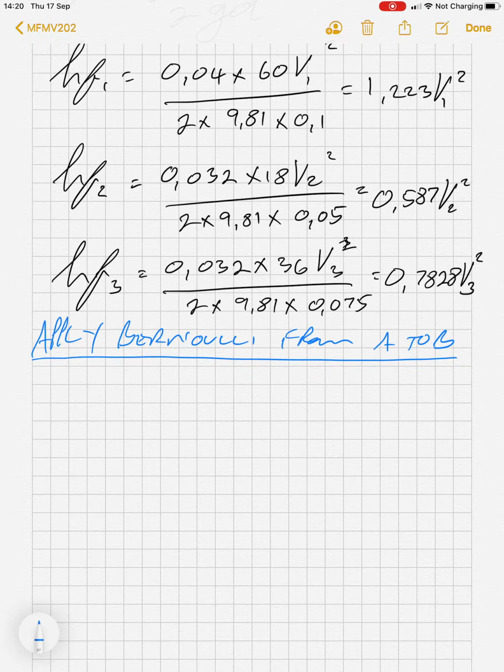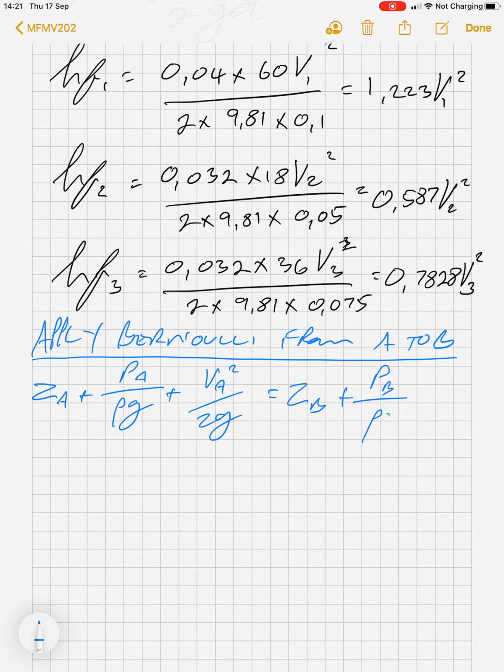If we write out the full Bernoulli equation, it will look something like this: ZA, which is a static height, plus PA over rho g, which is a pressure term, plus VA squared over 2g, the velocity term, is equal to ZB plus PB over rho g plus HF1 plus HF2 plus V2 squared over 2g. So that's the full Bernoulli equation.